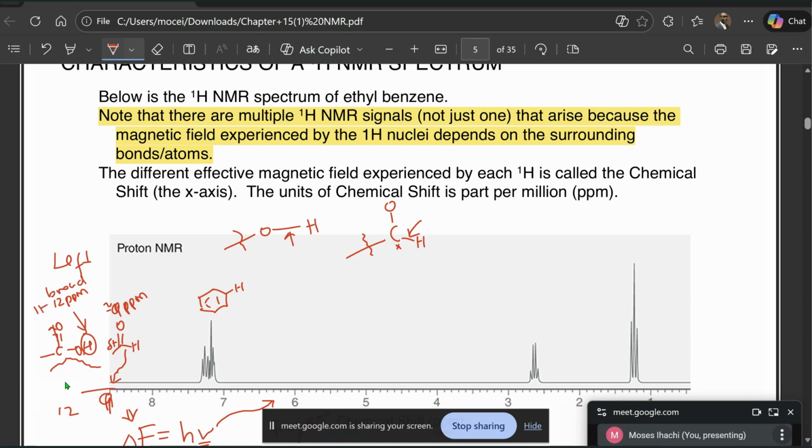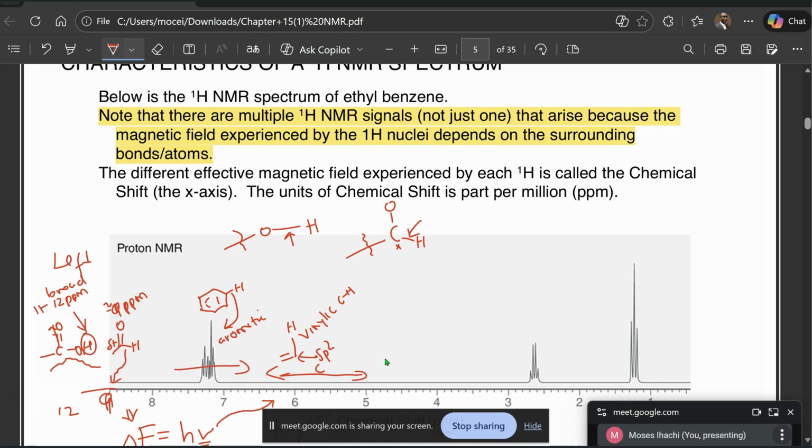Okay. Then this is going to be the aromatic. And then it's going to be followed by vinylic. So we call this the vinylic CH. That is sp2. And then somewhere here, vinylic is going to be in a range.